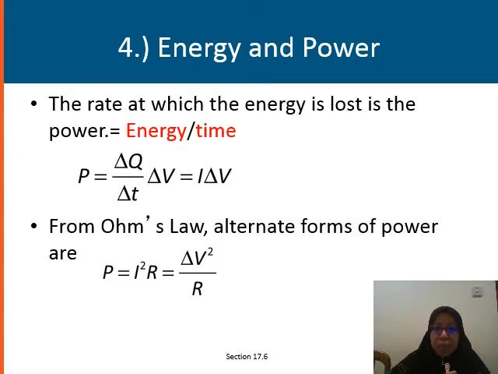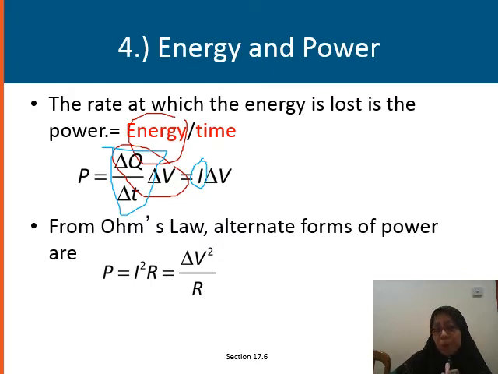Number one, power is equivalent to energy over time, and this energy is equivalent to QV. If you recall, this is coming from the chapter on potential. When you divide by time, you notice that this expression is now QV over t, and Q over t is the definition of current.